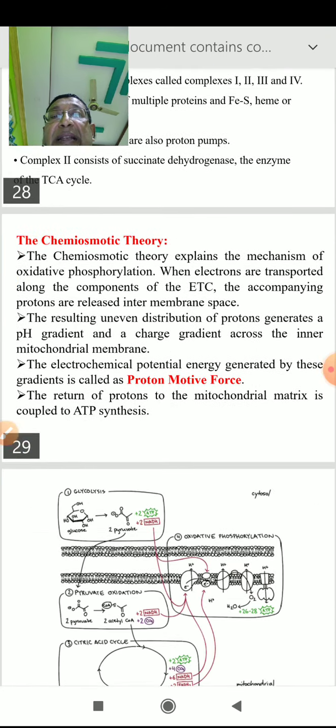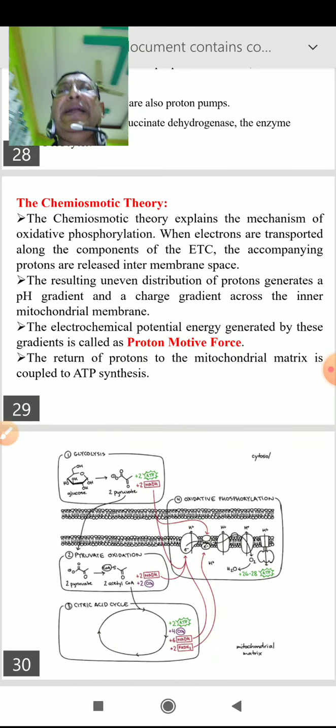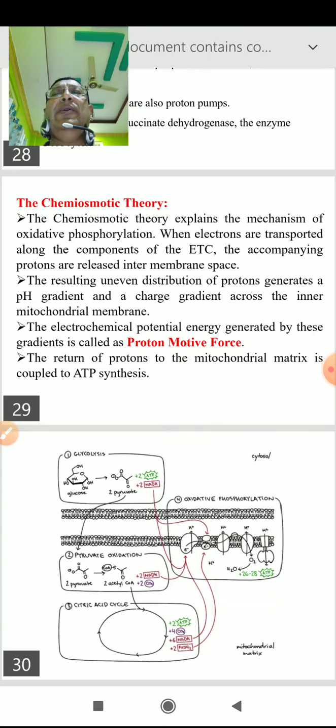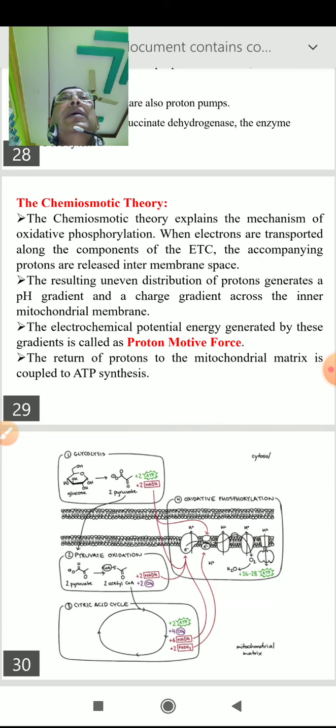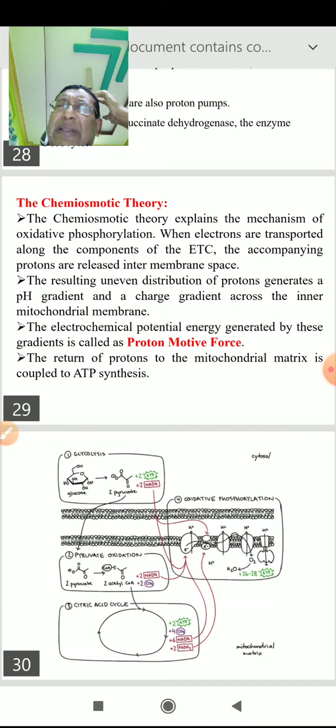So in my next slide, I would like to discuss what the chemiosmotic theory is. It has been mentioned in your syllabus: what do you mean by the chemiosmotic theory. Now before studying the chemiosmotic theory, let me say that cellular oxidation consists mainly of 4 phases. The first is glycolysis, which takes place outside the mitochondria, that is the cytoplasm, and the end product, pyruvic acid, enters into the mitochondrial matrix, where it undergoes oxidation, pyruvic acid oxidation. As a result, acetyl coenzyme A is formed. This acetyl coenzyme A next enters another cycle, the citric acid cycle.